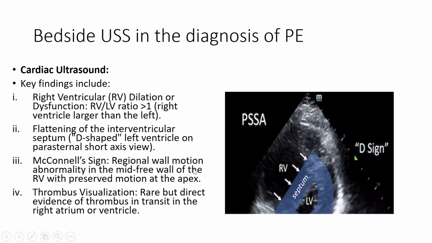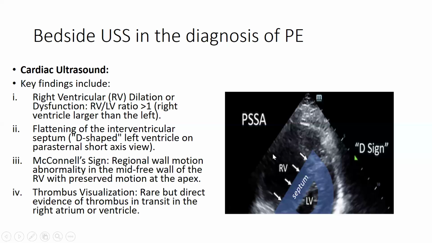The McConnell sign is a regional wall motion abnormality, especially in the mid free wall of the right ventricle. The motion of the right ventricle at the apex is normal, but in the mid zone here you have hypokinesia, and that is what you know as the McConnell sign.